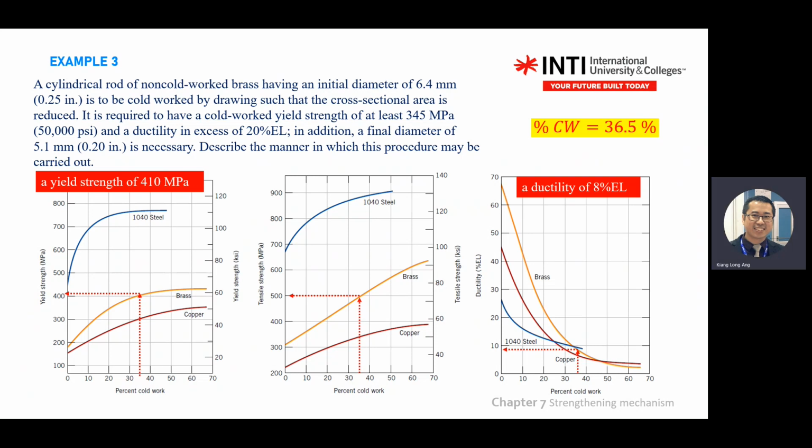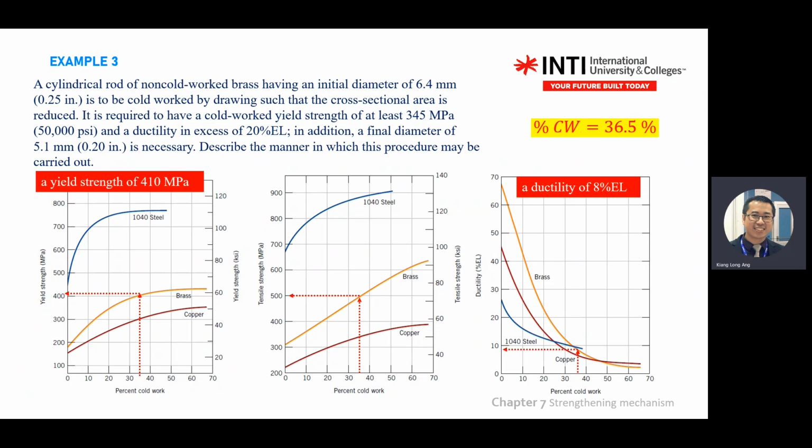So as an engineer, how do you make adjustments in your process? What are the things that you can adjust on your factory floor? If you have these 3 graphs, and you know how to calculate the percentage, from the original 6.4 you reduce it to 5.1, right?